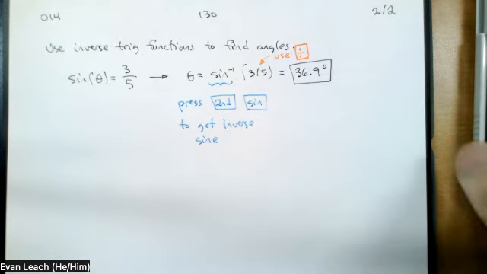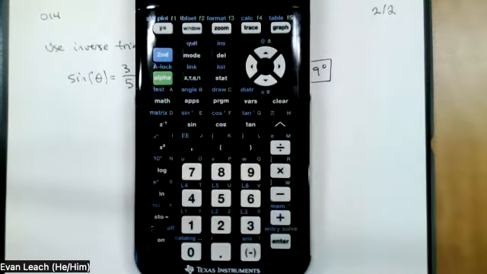And you'll notice that on your calculator, you do not have cosecant, secant, and cotangent buttons. Cosecant is the reciprocal, or 1 over x, of sine. Secant is the reciprocal of cosine. Cotangent is the reciprocal of tangent. So at some point, you're going to have to figure out where you flip things over.